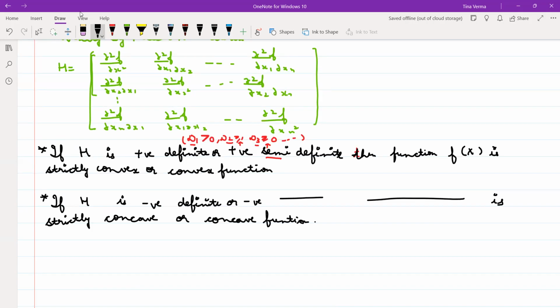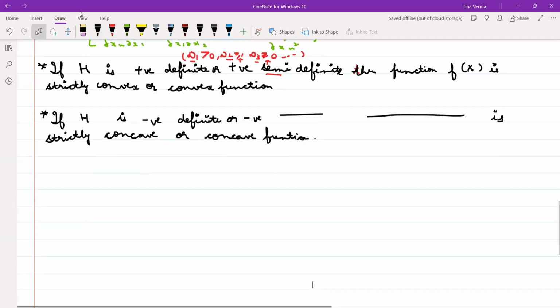So now we need not check this mathematically. The best way to check is to construct your program, construct your Hessian matrix for the given function, and check whether it is convex or not.